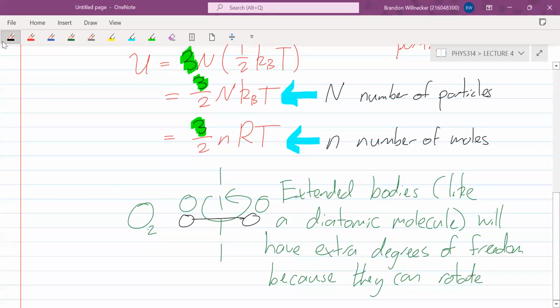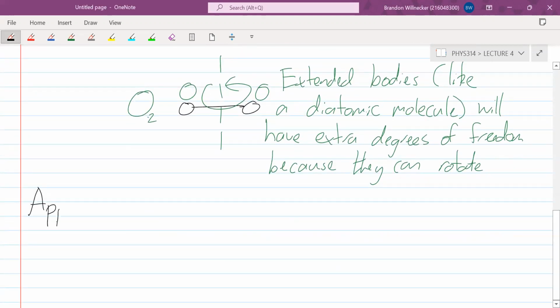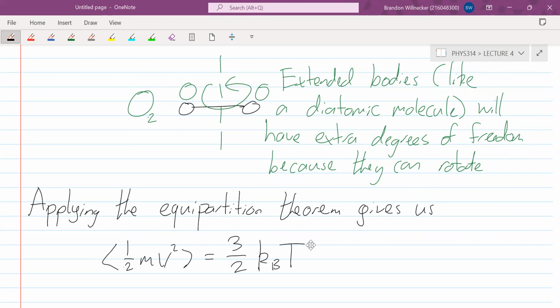Okay, so let's apply the equipartition theorem to the work we've been doing with the pressure. Remember it's 1/2 kBT for each degree of freedom. So here we have that the expectation of the kinetic energy, 1/2 mv squared, is going to be equal to 3/2 kBT, 1 for each degree of freedom.